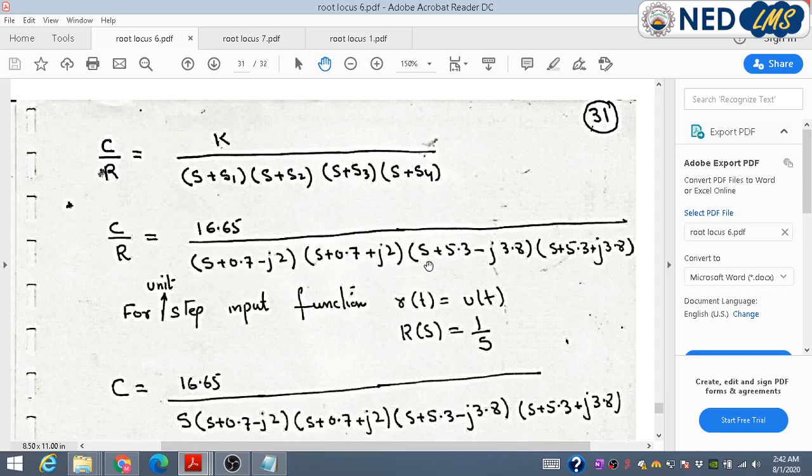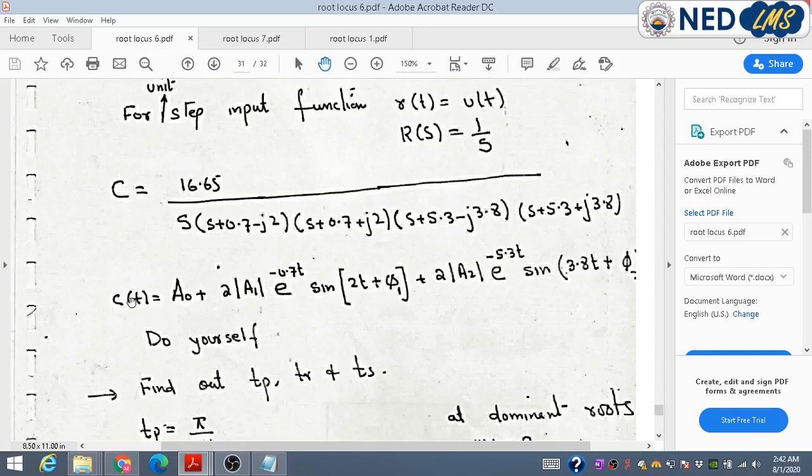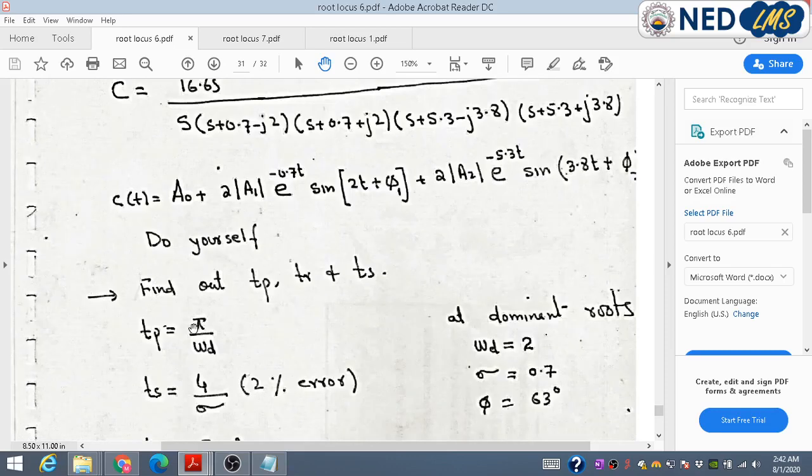By placing the input information as well, and thereafter by taking the inverse Laplace transformation of this control ratio, the complete response can be determined easily. It is your task, you have to find it by yourself.